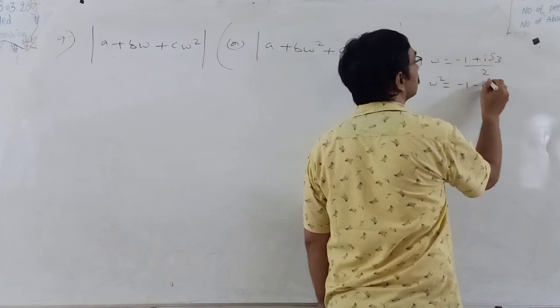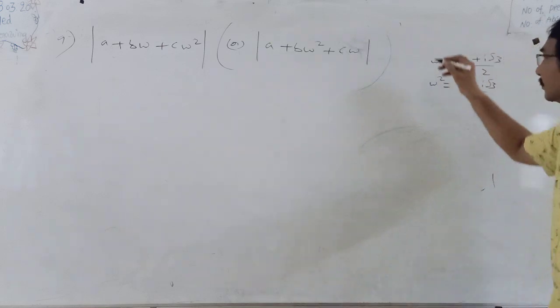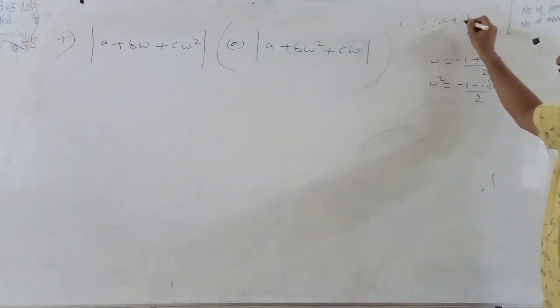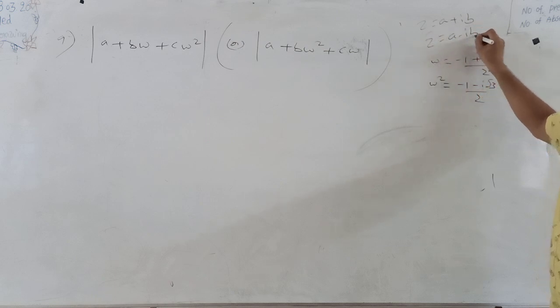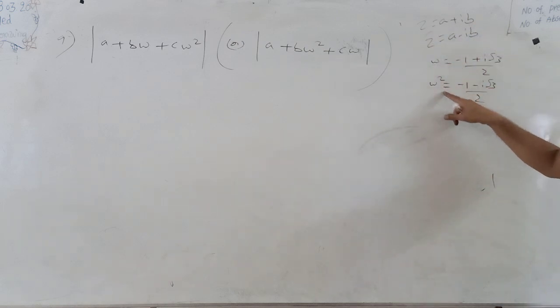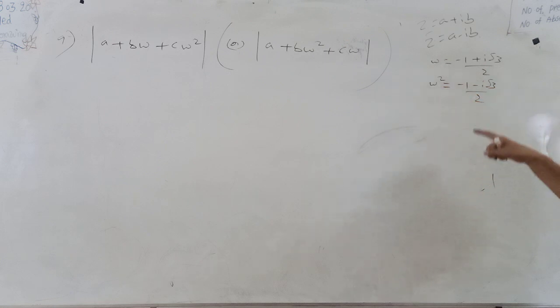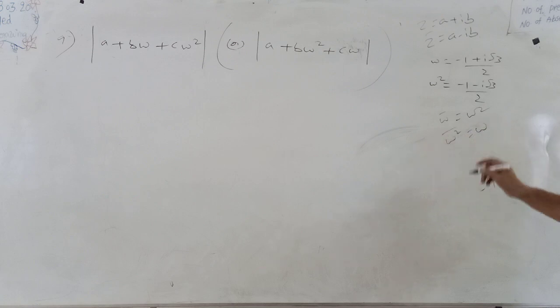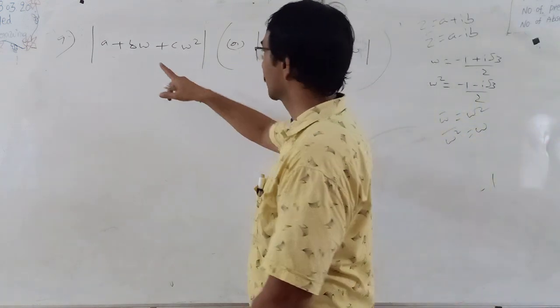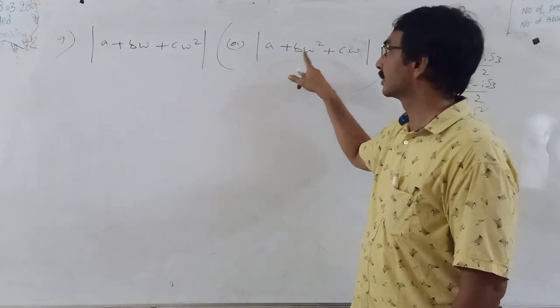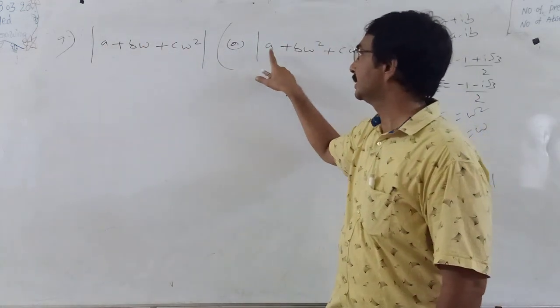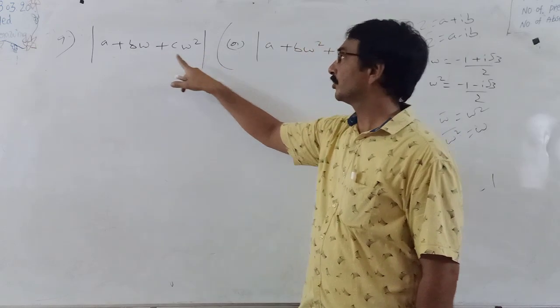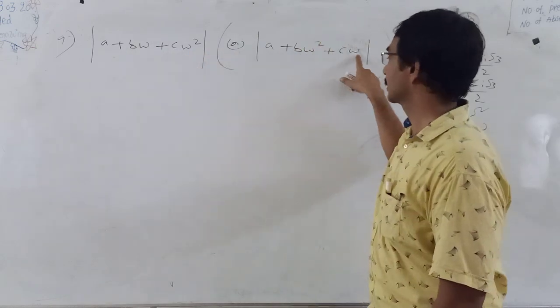Omega square is minus 1 minus i root 3 by 2. If z is a plus ib, then z bar is a minus ib. Therefore, omega and omega square are conjugate to each other. Plus minus, minus plus. So the conjugate of omega is omega square, and the conjugate of omega square is omega. Therefore, clearly the conjugate of this one is this one. A is a real number, conjugate of A is A. B is a real number. Conjugate of omega is omega square. Conjugate of omega square is omega.